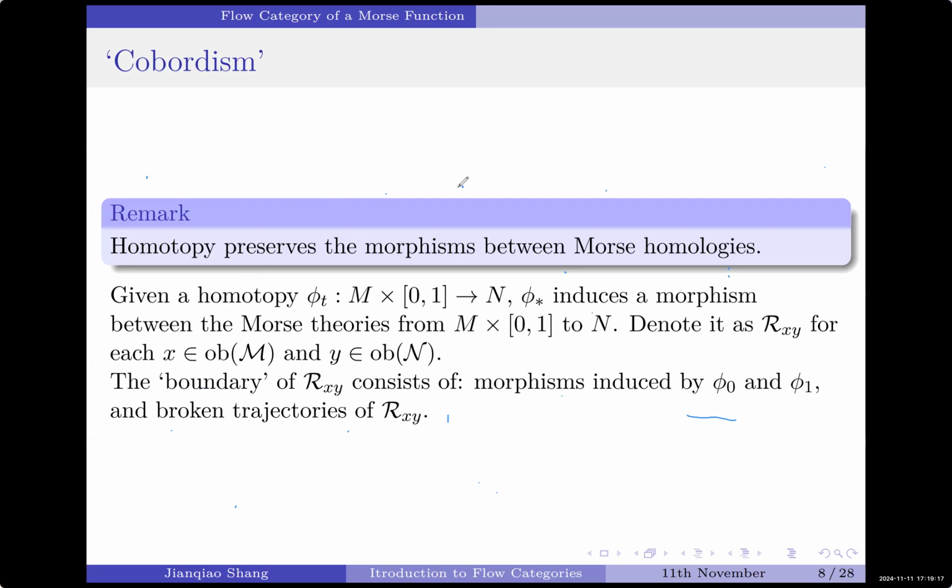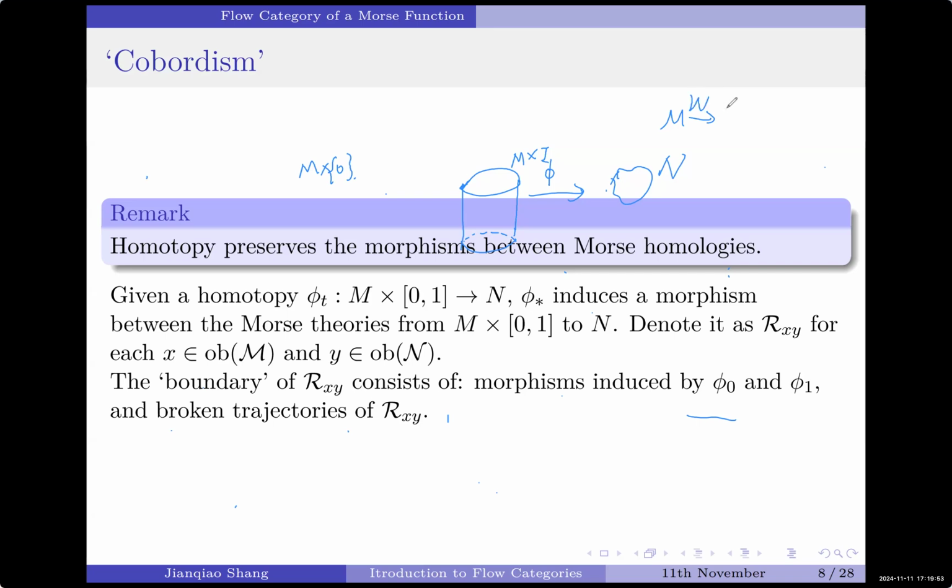If I have a homotopy from M times I to another manifold N, then on M times 0, your map phi induces a morphism between flow categories.